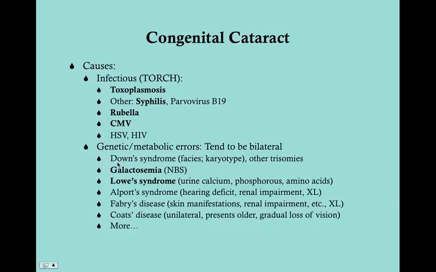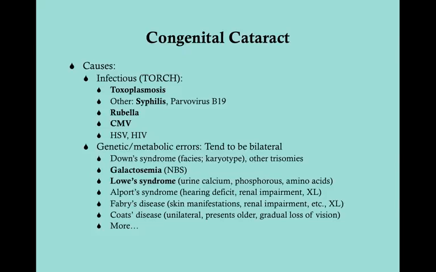This includes Down syndrome, which a lot of times is diagnosed before birth, but some things that can help you diagnose Down syndrome is just the general appearance of the child. They can have the abnormal stereotypic facies of Down syndrome, and you can get a karyotype if you want to confirm this. Other trisomies like Patau syndrome and Edwards syndrome can also cause congenital cataract.